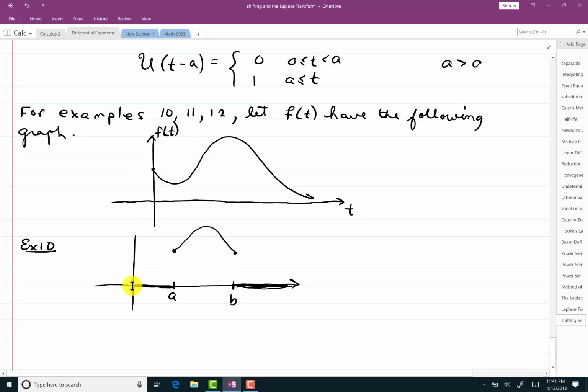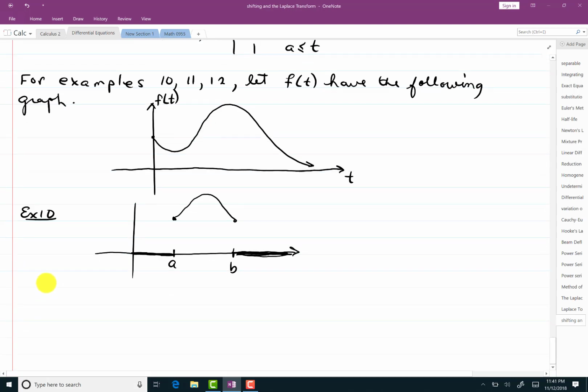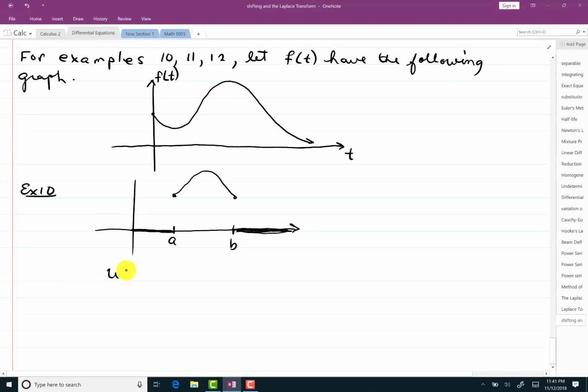Well, we can easily do U of t minus A times f of t, which has the following graph. This is 0 until I get to A. Then after A it equals 1, in which case f of t takes over.